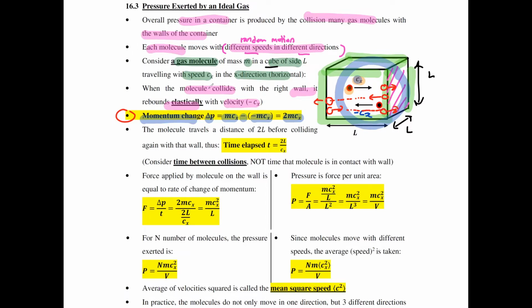In your case, that molecule would actually travel a distance of 2L before colliding again with that wall, because you see, if you move from here to here, this one is L.